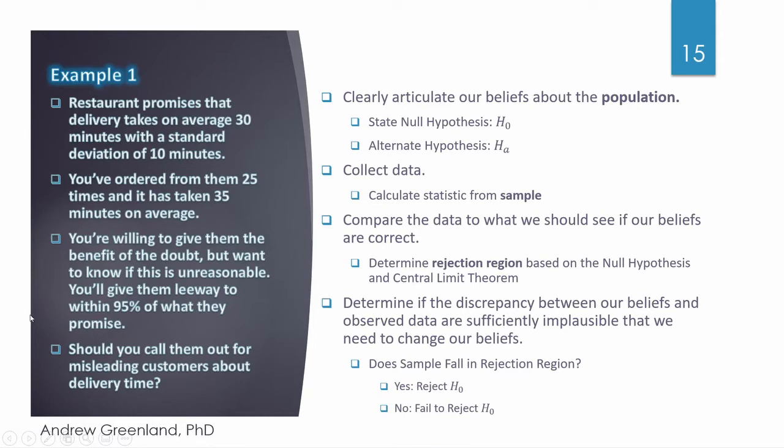That rule is just going to say, if they are within what I would consider 95% of all the plausible outcomes, given how many times I've ordered from them, we're going to call it a wash. But if it's something rarer than 5% of all the possible outcomes, I'm going to call and complain about them misleading us about how long it takes to actually have food delivered.